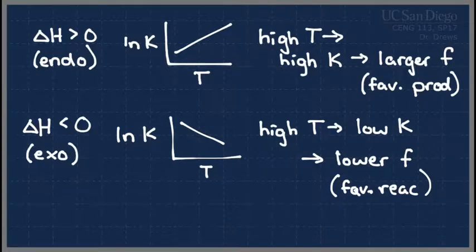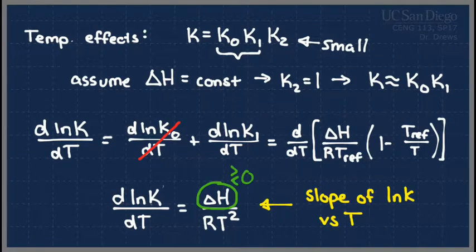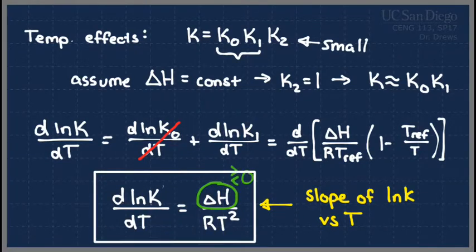There's one other nice thing that equation can tell us, completely unrelated to whether or not something changes in a favorable way or an unfavorable way with temperature. If we look at this particular expression, the only requirement that we had for that particular expression was that delta H was constant. If delta H is constant, then this is true.